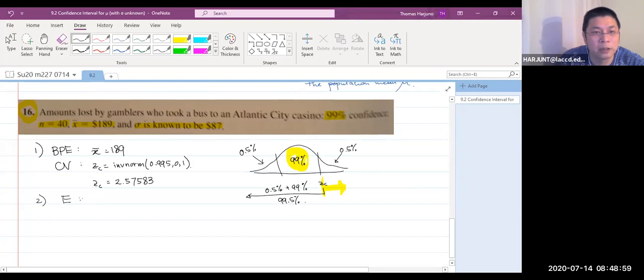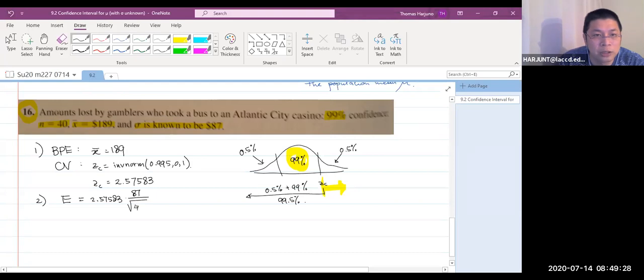Margin of error, E, is equal to the critical value. You see, the larger the critical value, the larger the margin of error. 2.57583 times the population standard deviation, which is 87, divided by the square root of sample size, 90. No, I'm sorry, 40.